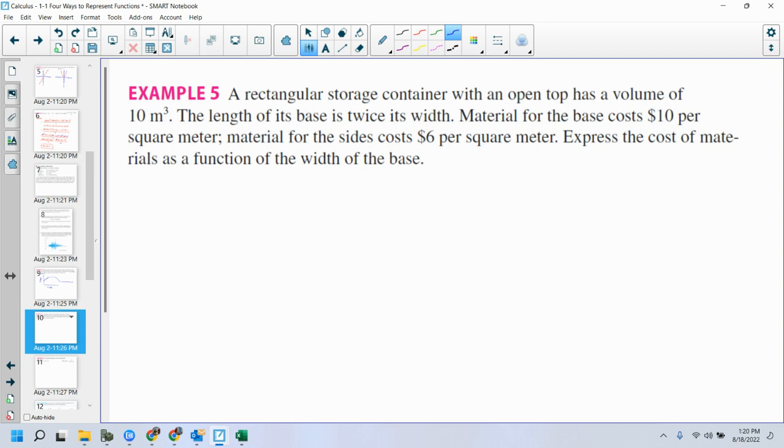So I'm going to take this verbal representation of a situation and turn it into an algebraic equation. So I am going to express cost as a function of the width. That's going to be my final answer: cost as a function of width.